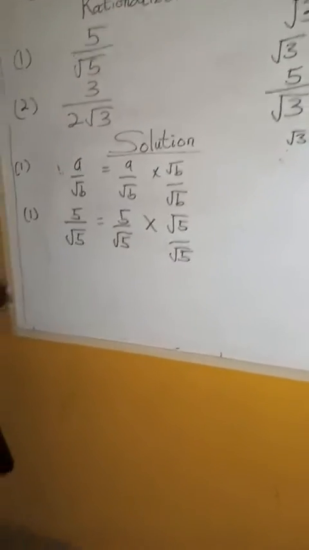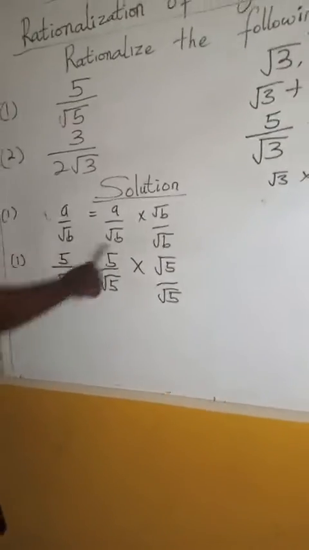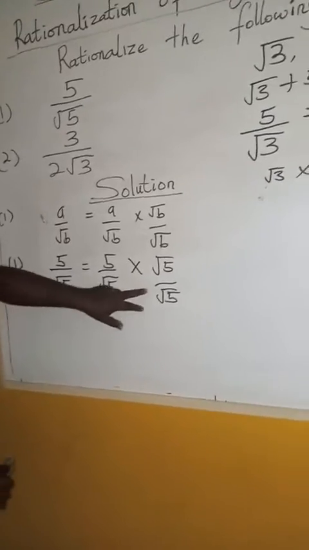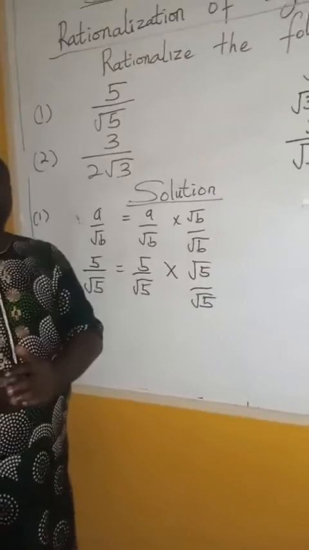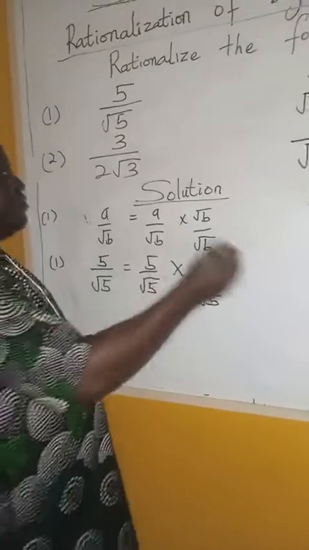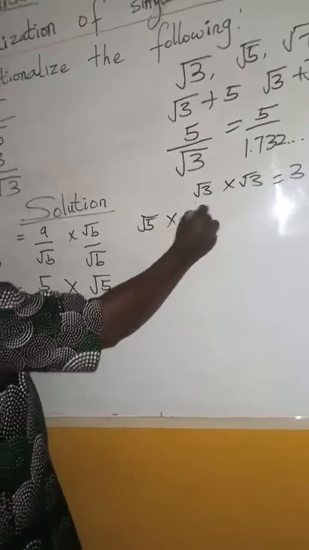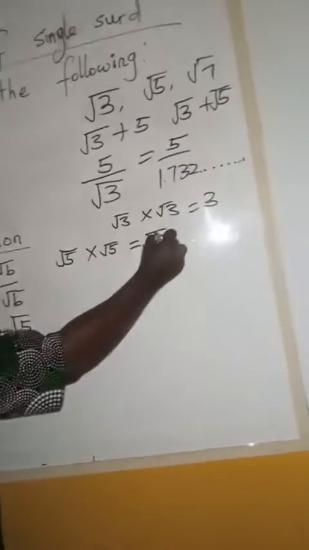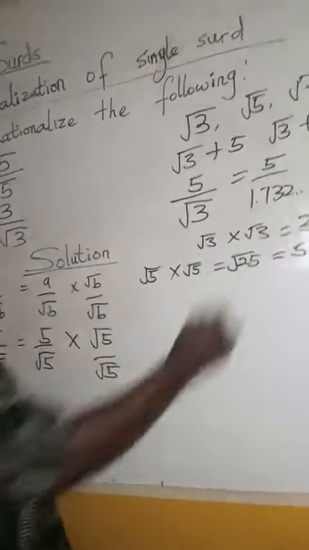Whatever we do to the denominator, we must equally do to the numerator. So from here, this root 5 times root 5 is equal to 5. How do I know it is 5? Root 5 times root 5 is the same thing as root 25, and the square root of 25 is equal to 5.